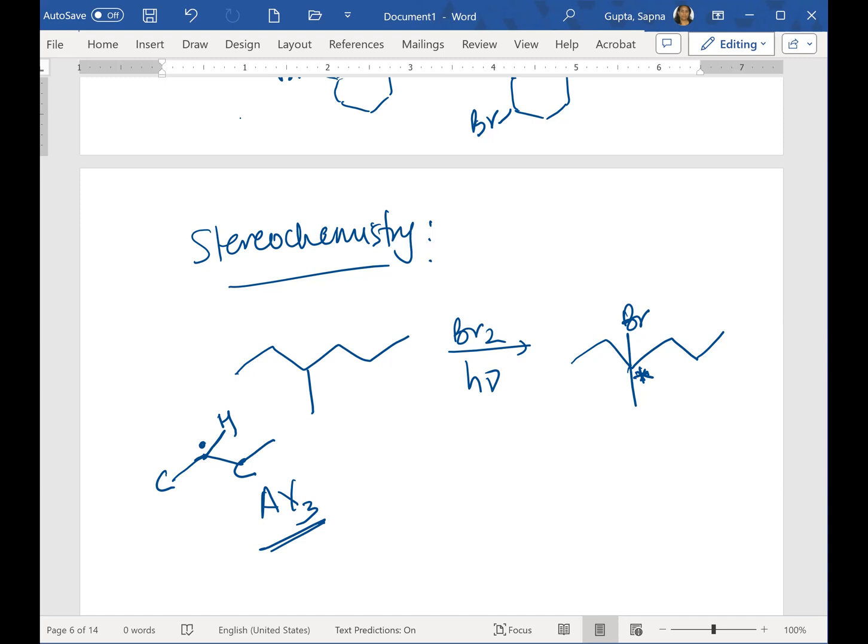So if it does that, what you end up getting is a racemic mixture, just like you would get for a carbocation. In SN2, we had inversion of stereochemistry. In SN1, we had a racemic mixture. So this is working like an SN1 because of the geometry of the radical. So you end up getting a racemic mixture at the end.